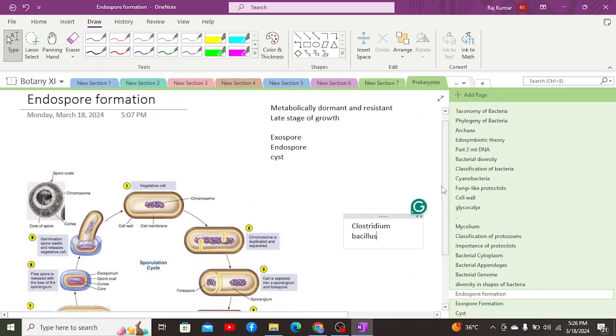Spore formation is a process known as sporulation, as we have previously studied.